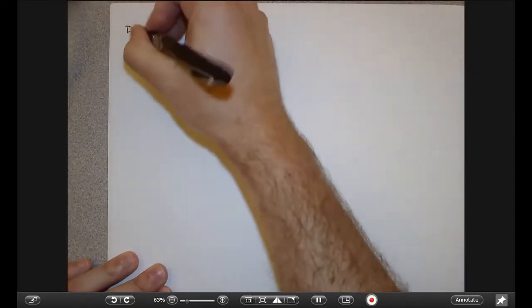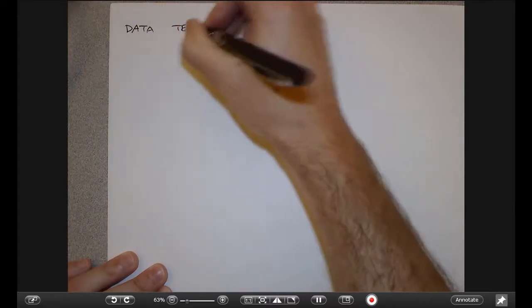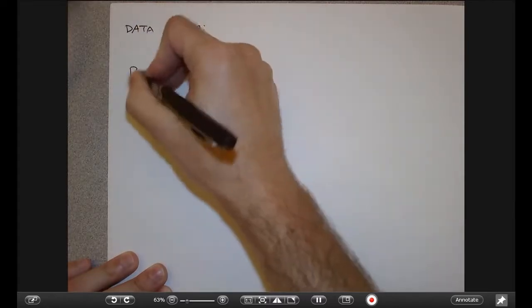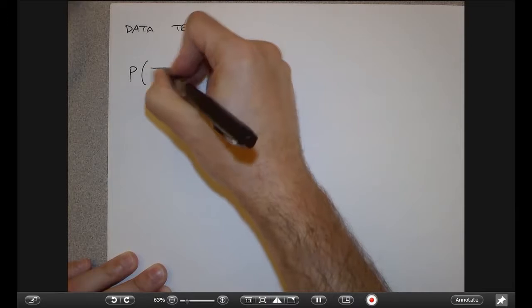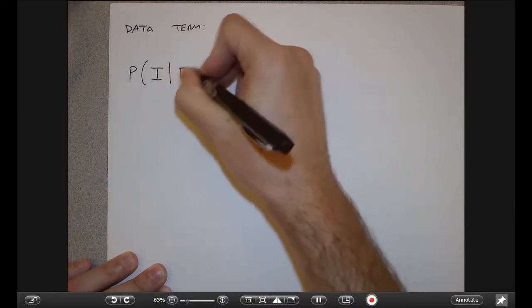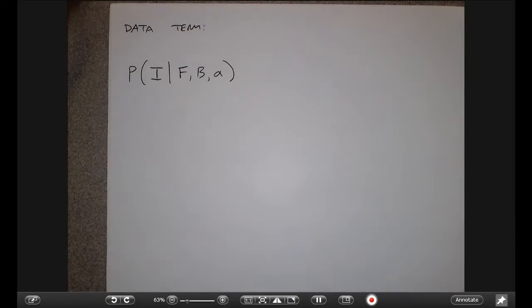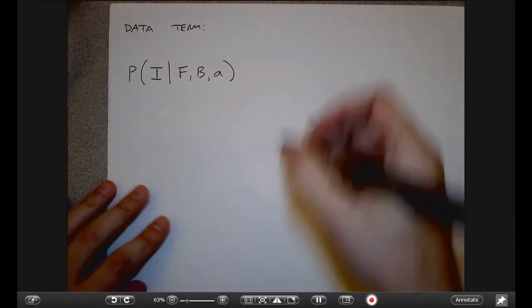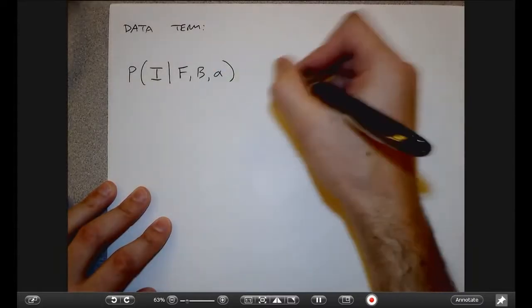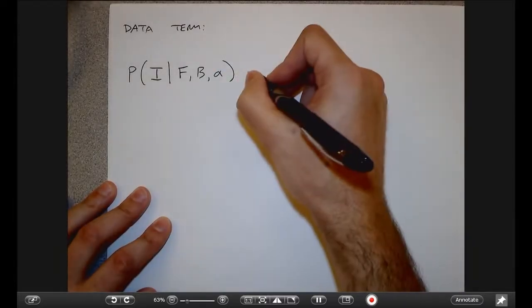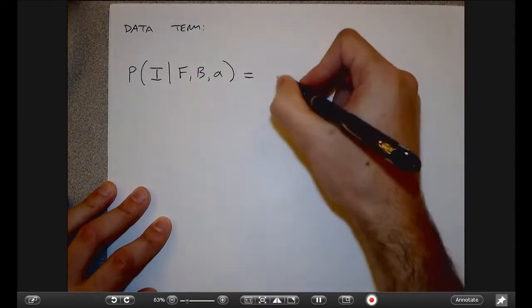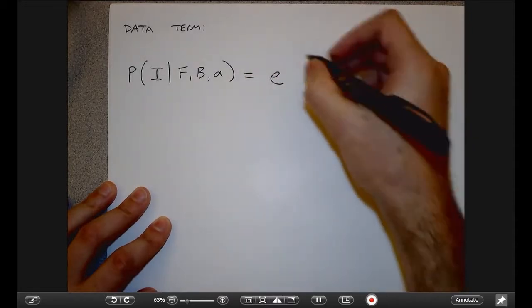So for the data term, what we need is something that says what's the probability of observing this image intensity given these guys. And the idea is that this should be consistent with the matting equation, right? So basically what I'm going to do is make a little assumption like this.